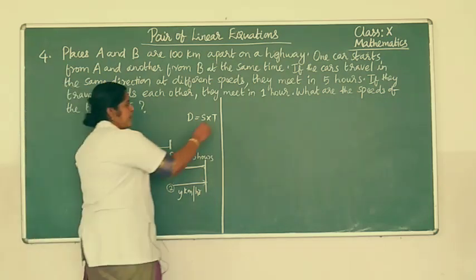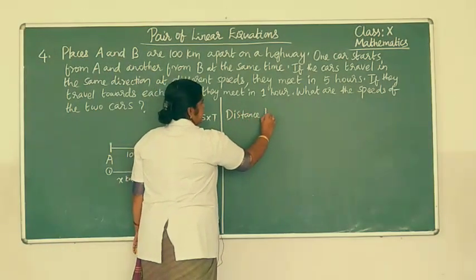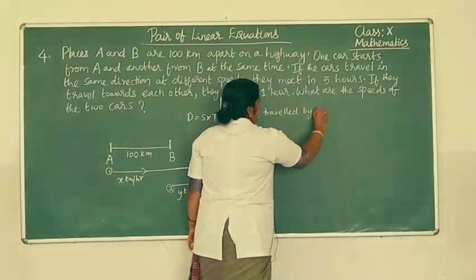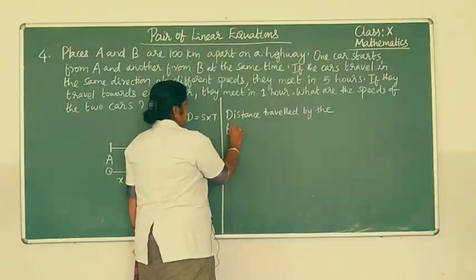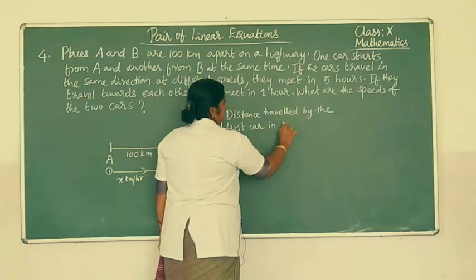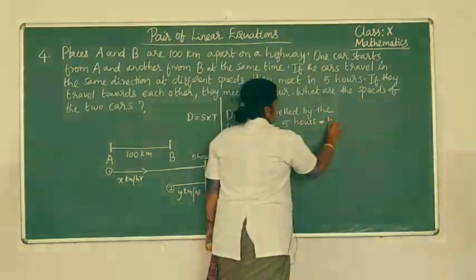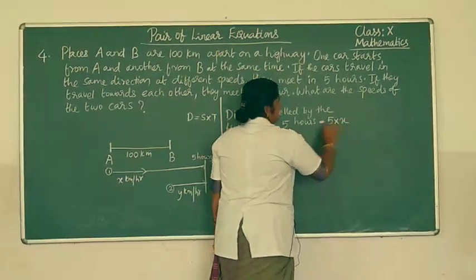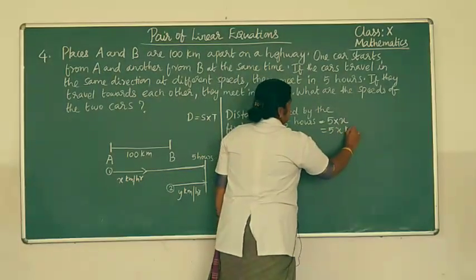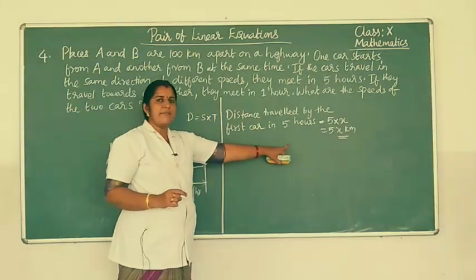So that is what we are getting first: distance traveled by the first car in 5 hours is time into speed, that is 5 into x, that is 5x kilometers.